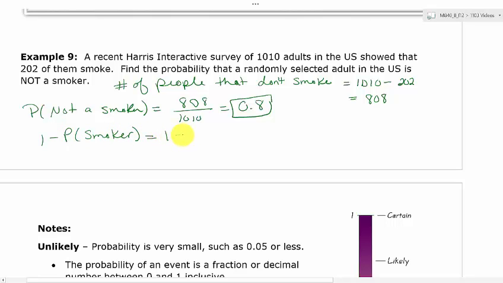That would be 1 minus 0.2, a calculation we did in an example earlier, and that also gives us 0.8. Both of these ways are appropriate, and a lot of times when we're doing these probabilities, we will do 1 minus a probability.